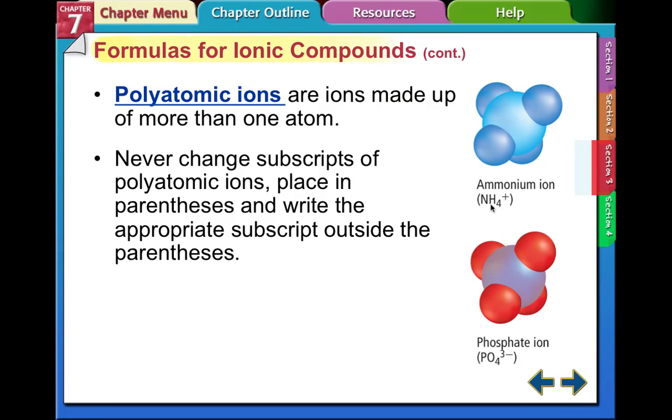So here ammonium is made up of N and then 4 H's, so NH4, and it has an oxidation number of +1. Here is another example. Phosphate has P and then 4 oxygens, so PO4, and it has an oxidation charge of 3-.